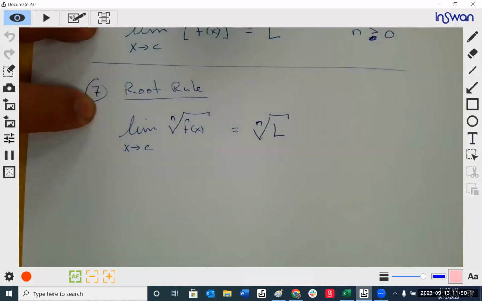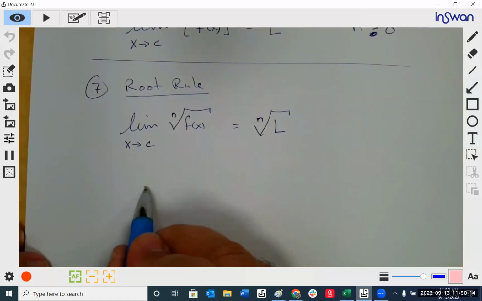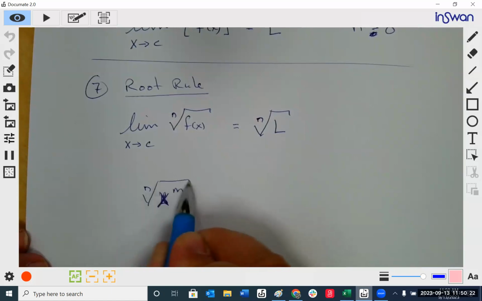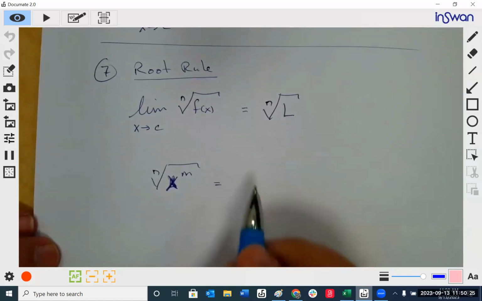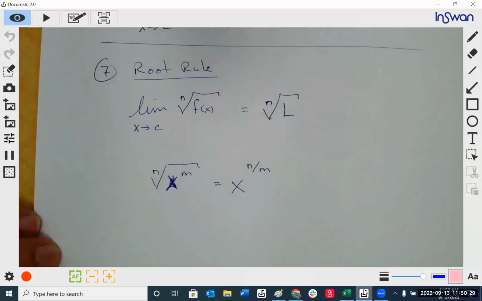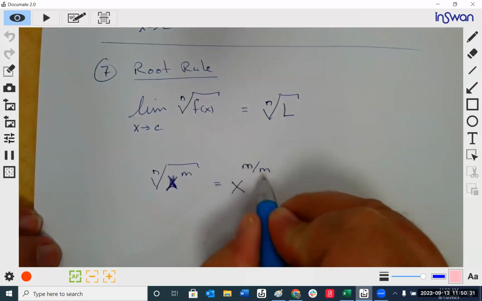These two rules are the same because, well, let's go back to algebra. Or m over n, sorry.